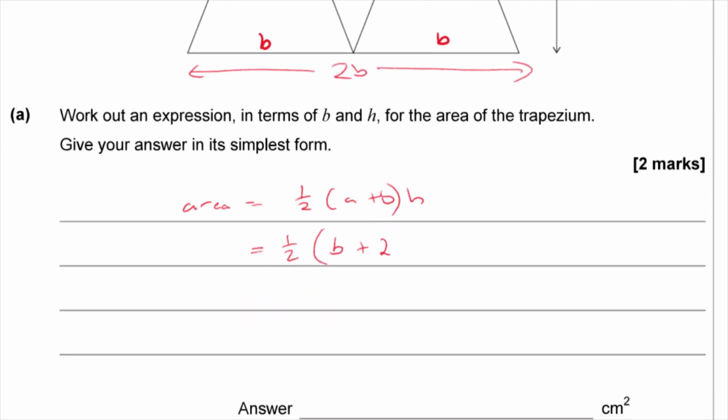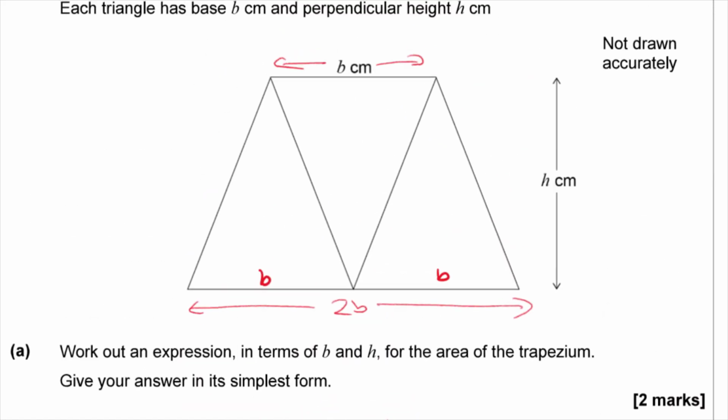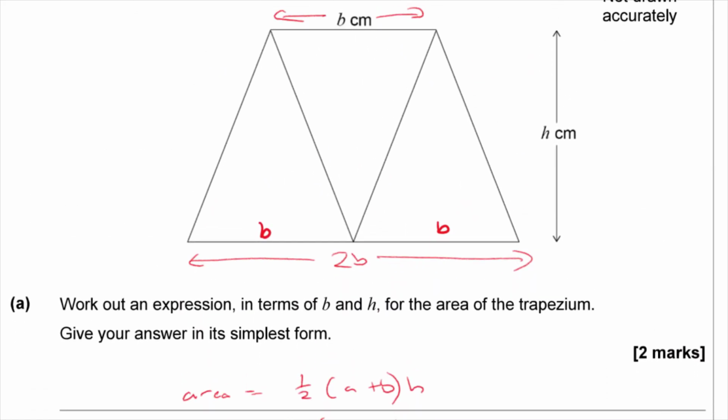So I'm going to have b plus 2b. That's my two parallel sides, and my h is still h there. Okay, so just to make that very clear, my a is going to be this one up here, which in this case is b. My b of my formula is going to be this one here, it's my second parallel line, and my h is just h. Okay, so there's that one there.